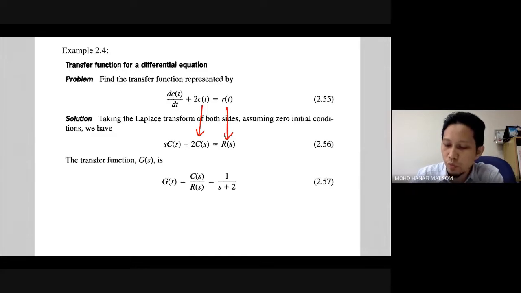If you have no idea how I got this, please refer to the Laplace transform video in the Google Classroom. This is very important. Then the transfer function, you just algebraically arrange them, and you have C(s) over R(s) equals these terms.